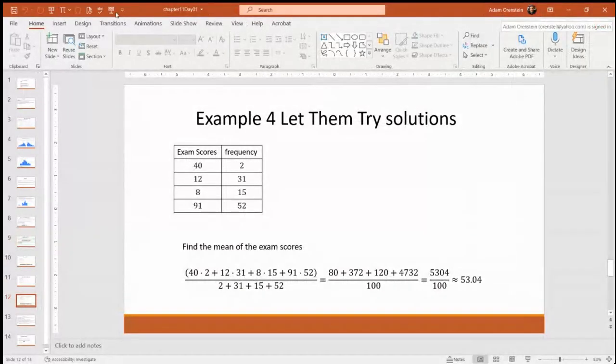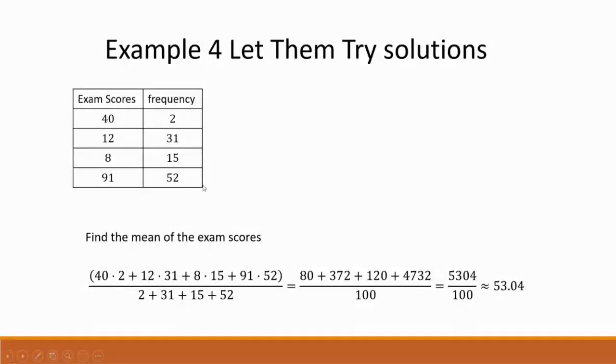I'm sorry. But anyway, this is what we have here. Same idea: you multiply each data value by its frequency. 40 times 2, 12 times 31, 8 times 15, 91 times 52. That's how you get the sum of the data values. The number of data values is the sum of the frequencies.